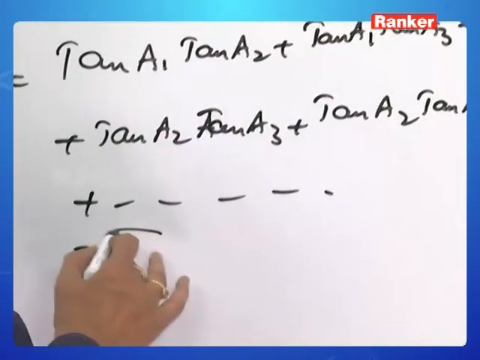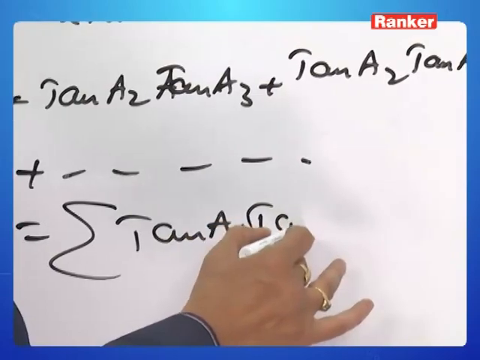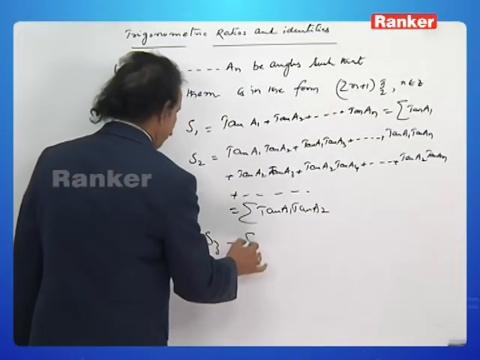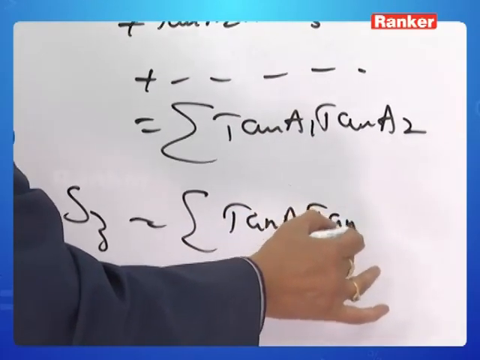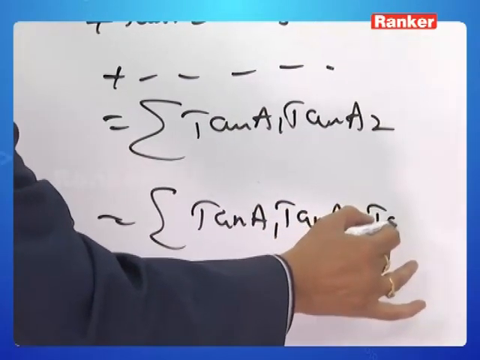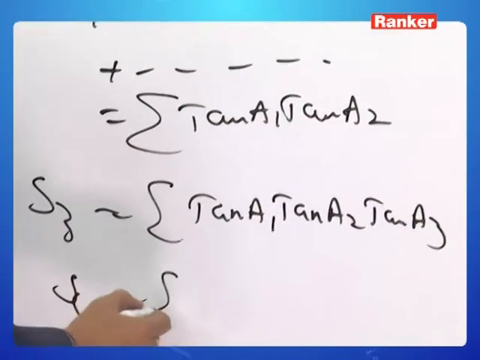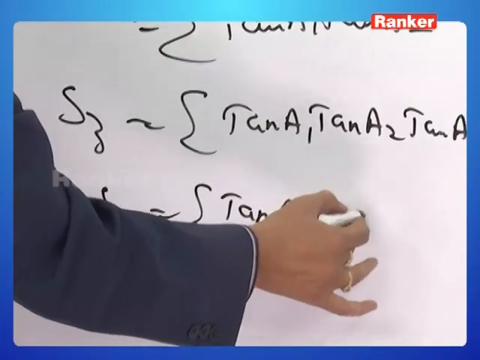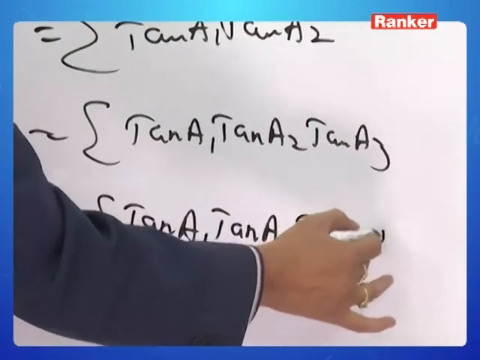Let me write this as sigma tan A1 tan A2, S3 as sigma tan A1 into tan A2 into tan A3, S4 as sigma tan A1 into tan A2 into tan A3 into tan A4, like that.